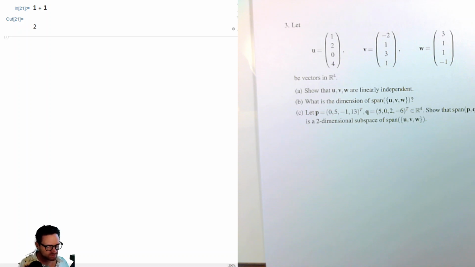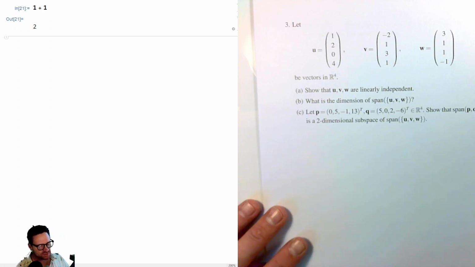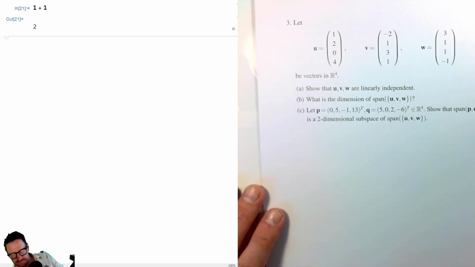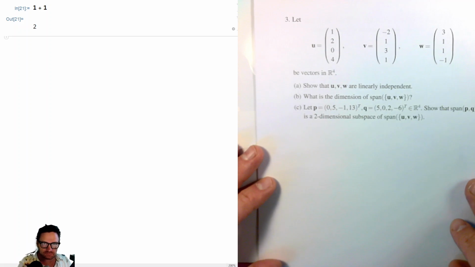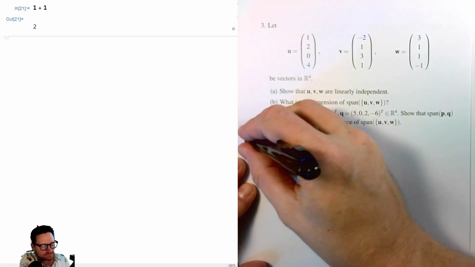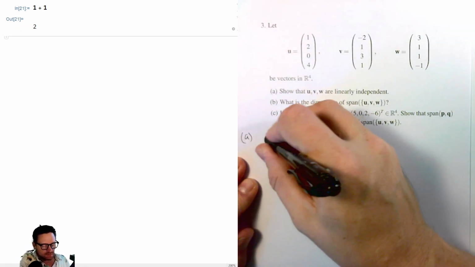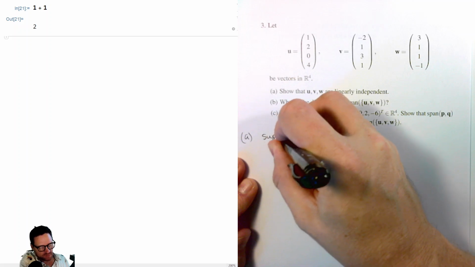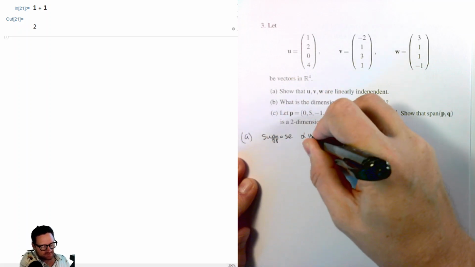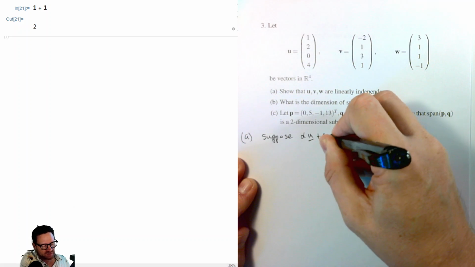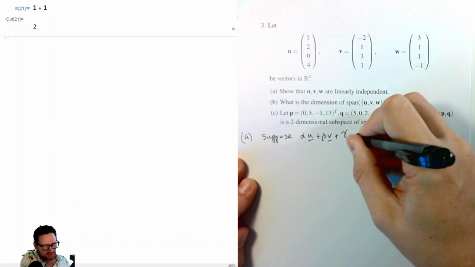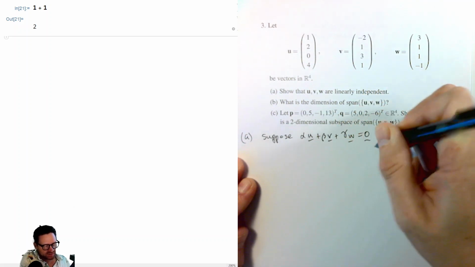Okay, so we have three vectors in 4 space. Show that they're linearly independent. All right, so we start off by saying suppose alpha u plus beta v plus gamma w is the zero vector.